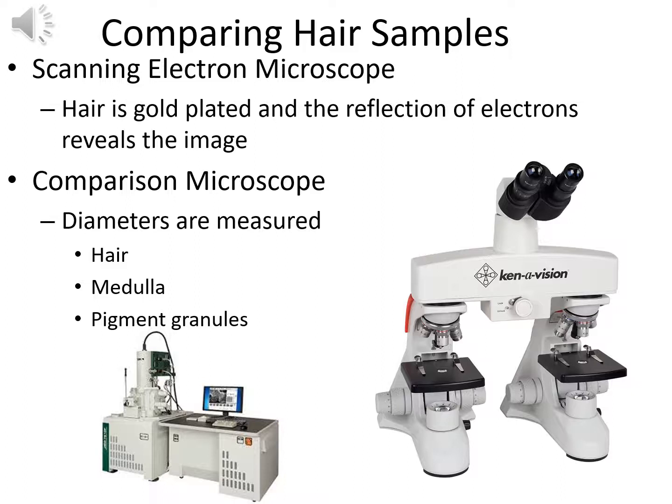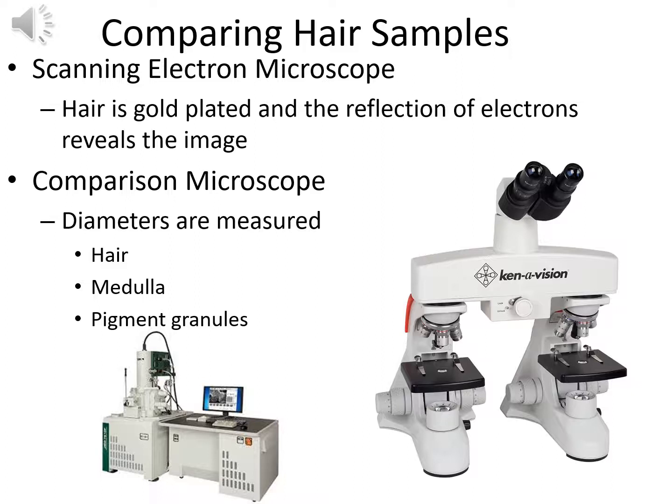So in order to have this method work, we need to have the hair plated with a metal, typically gold or gold palladium, could be a mix. That's to make the hair conductive, or whatever sample you're observing under the scanning electron microscope. If it's not naturally conductive, then we need to coat it in a conductor so that the electrons don't build up a charge that either destroys the image or gives a false image.